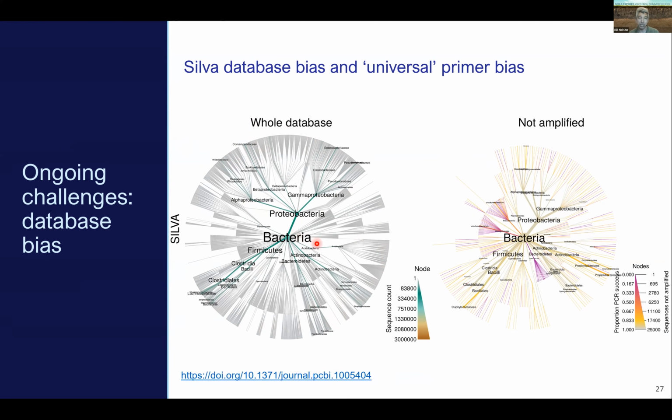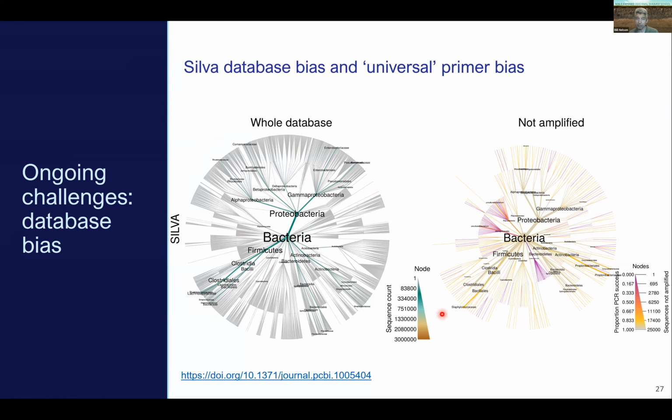So you can see, not surprisingly, that the proteobacteria, the gamma proteobacteria, the alpha proteobacteria, the betas all have higher representation than some of these other taxa, also the Firmicutes, Bacteroidetes, Actinobacteria. So there's not even representation of organisms or clades in these databases.